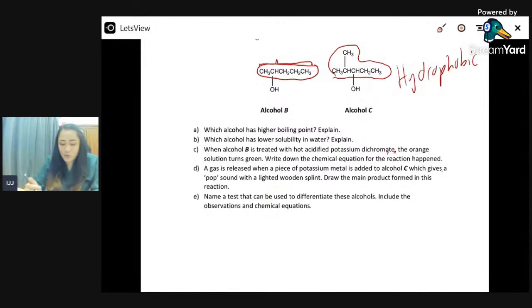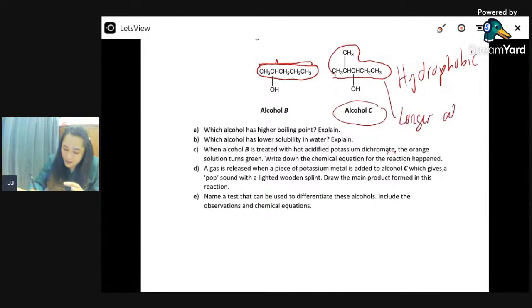So again, which one has the higher amount of carbon, or the higher molecular mass, is alcohol C, right? Because it has what we call a longer alkyl chain, or you can say a bigger hydrophobic area.